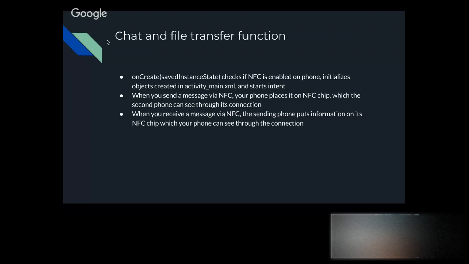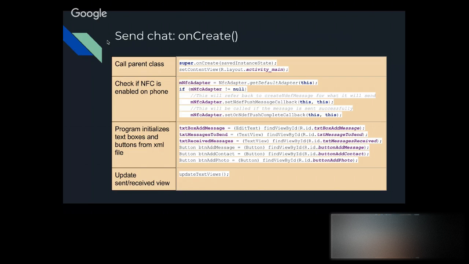Now, when you send a message via NFC, your phone places it on the NFC chip in that phone, which the second phone can see through its connection. And the opposite is also true. When you receive a message via NFC, the sending phone is putting information on its NFC chip, which your phone can then see through the same connection.